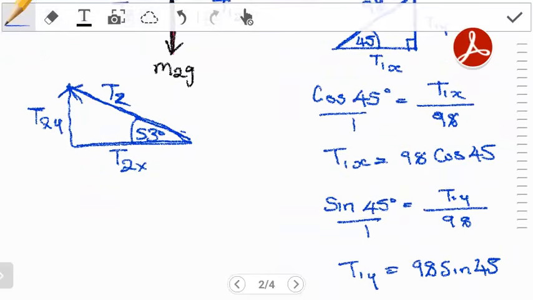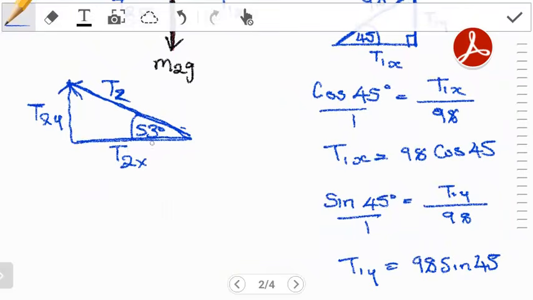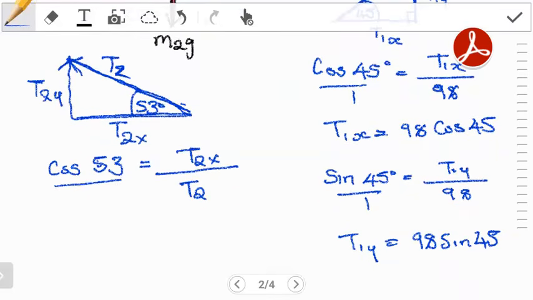So to resolve this again, for T2 in X, what we are saying is these two are adjacent. So we're going to say cos the angle, that's 53, is equal to the adjacent, that is T2 in X, over the hypotenuse, that is T2. So from here, to get T2 in X, cross multiply.